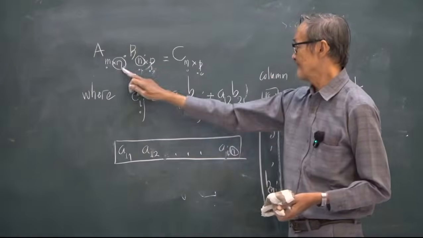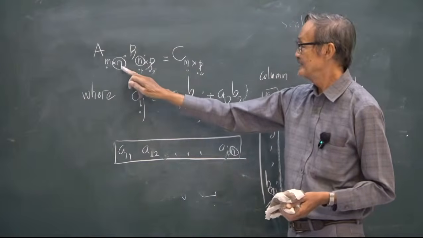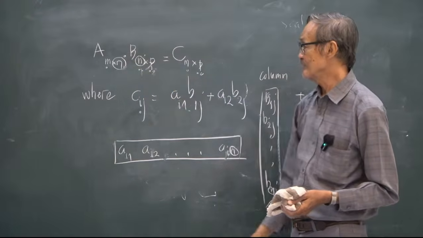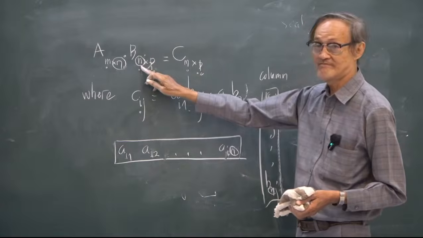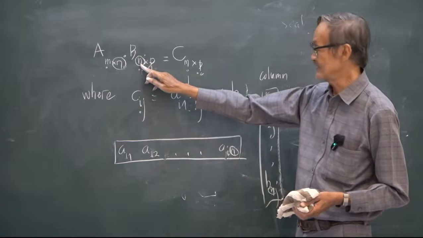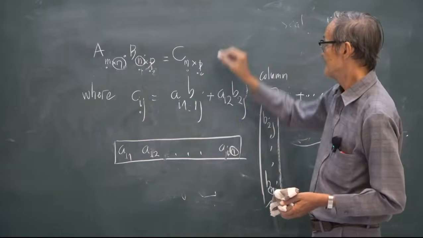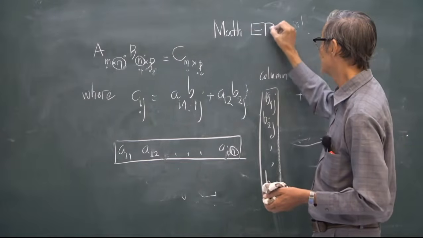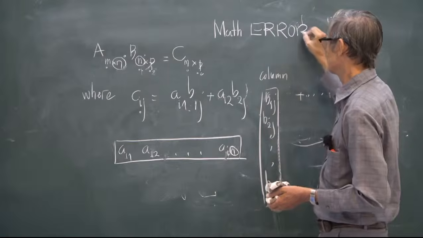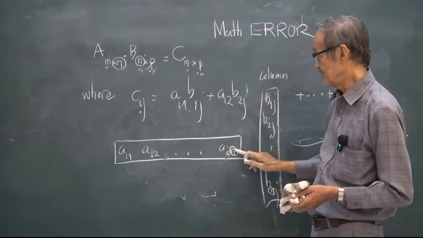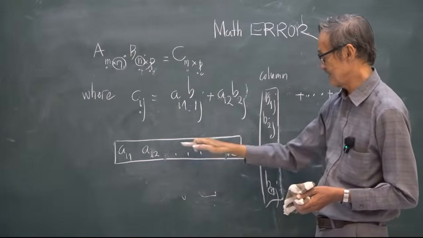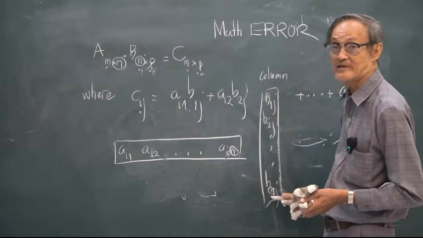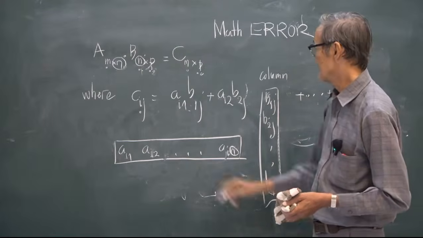So if N is different, if the number of columns of the first matrix is different from the number of rows of the second matrix, we have a math error. The number of columns of the first matrix and the number of rows of the second matrix are equal.